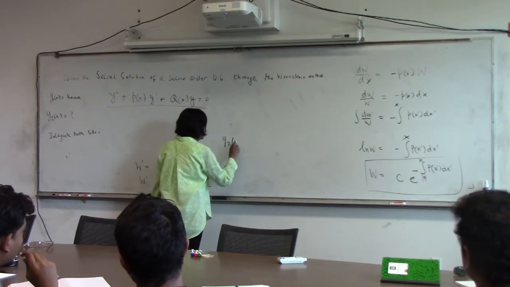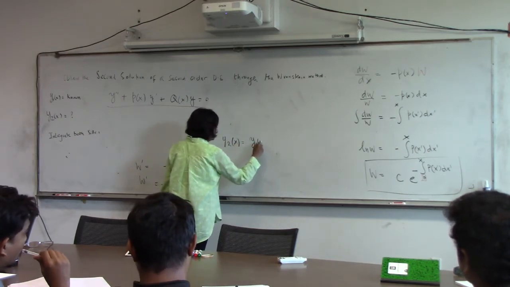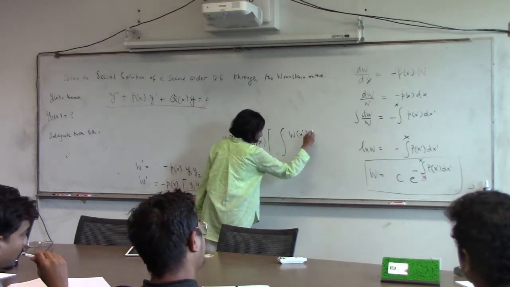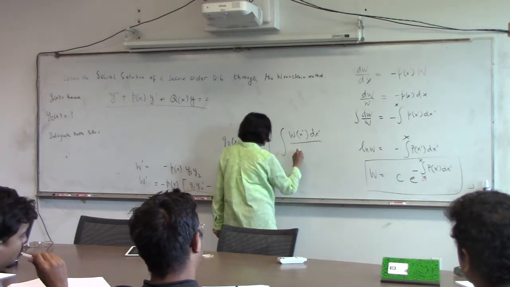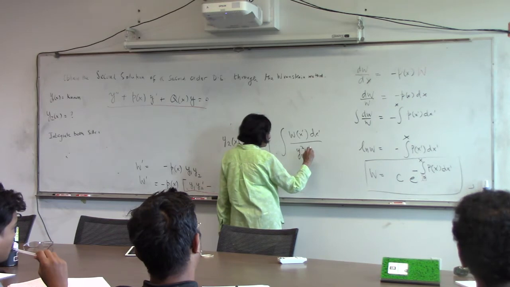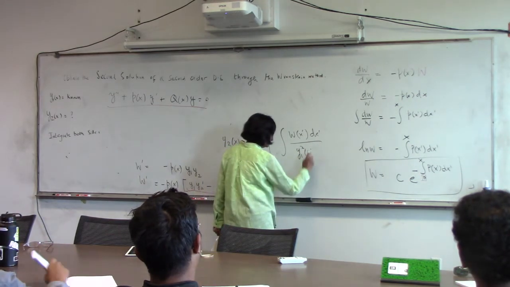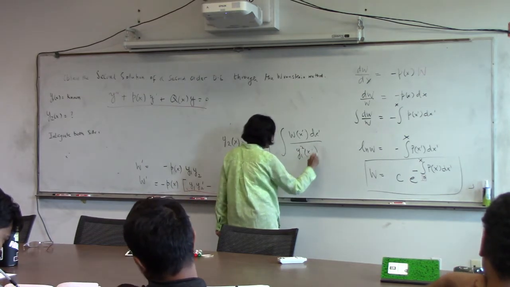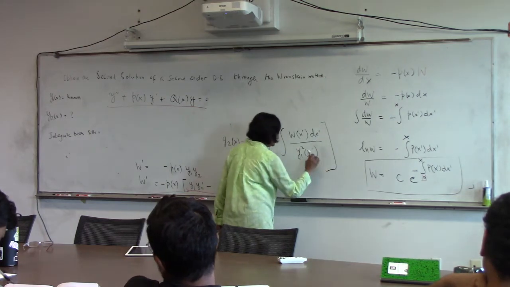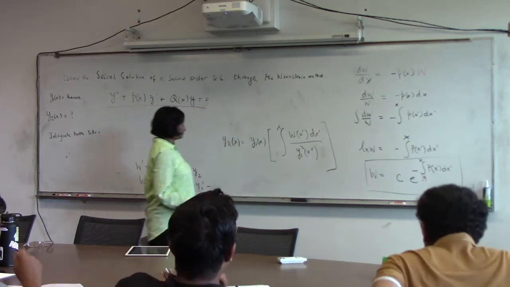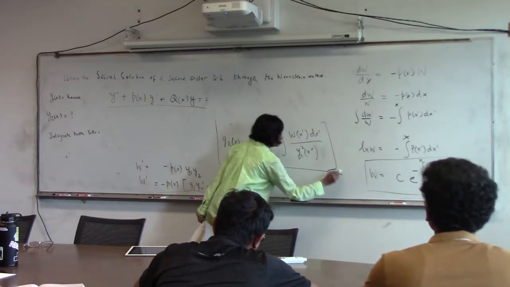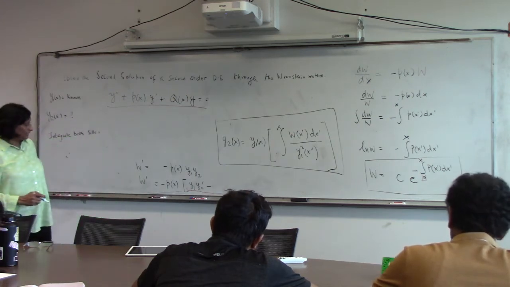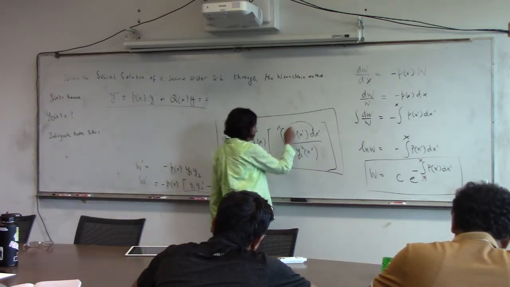The integrand has the square of the first solution, with W given by that formula.